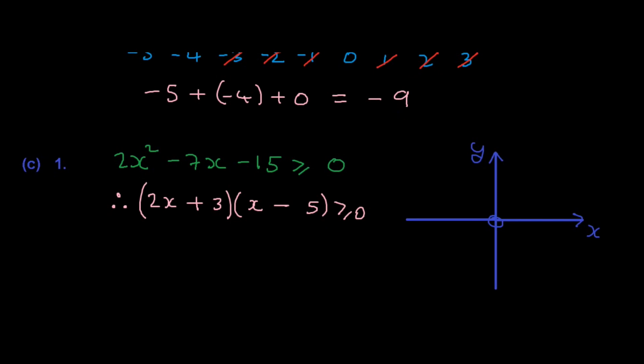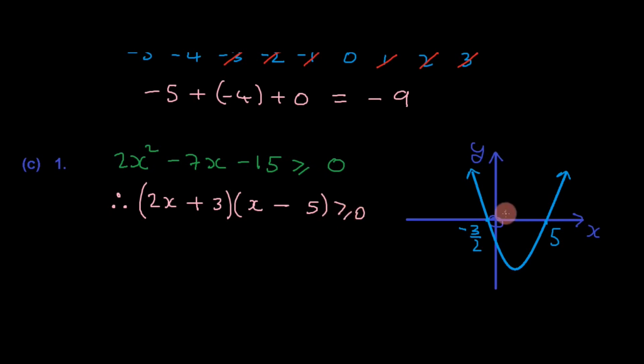So let's draw the parabola. It's going to look something like this. So negative 3 over 2 and 5. And this, of course, is just a rough sketch. Now, we want the parabola to be either greater than 0, in other words positive, or equal to 0.